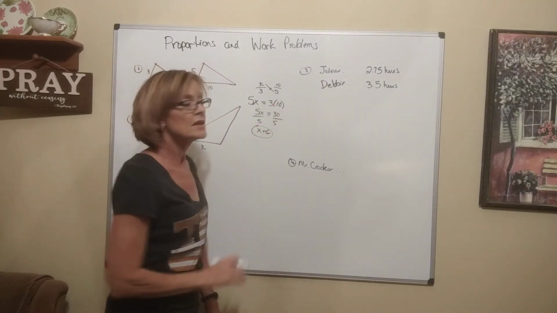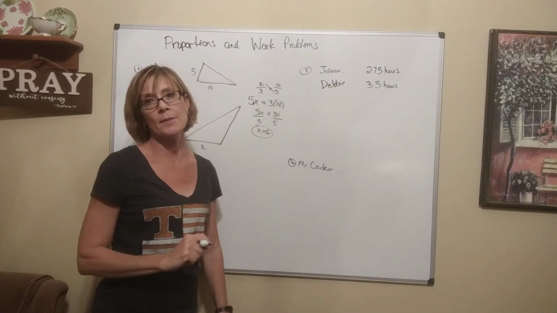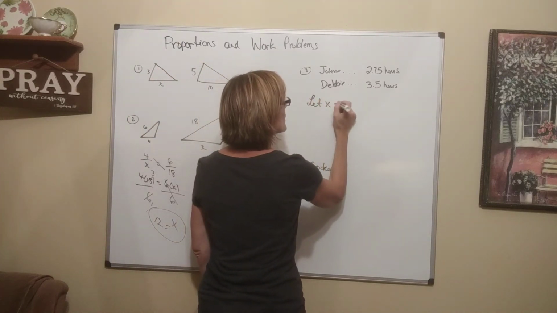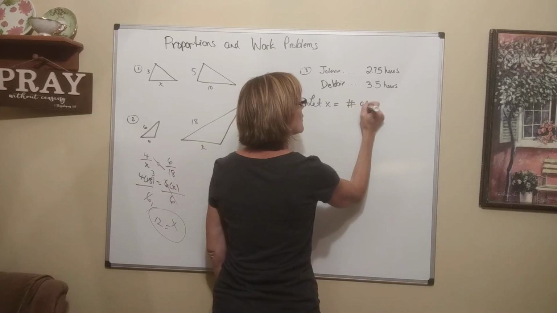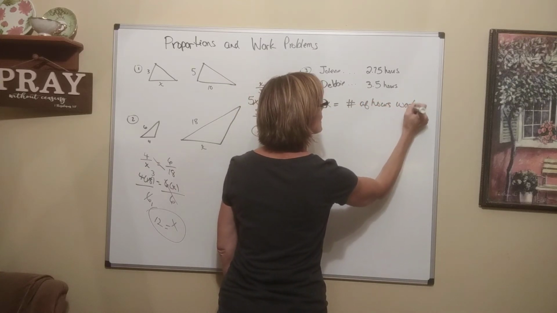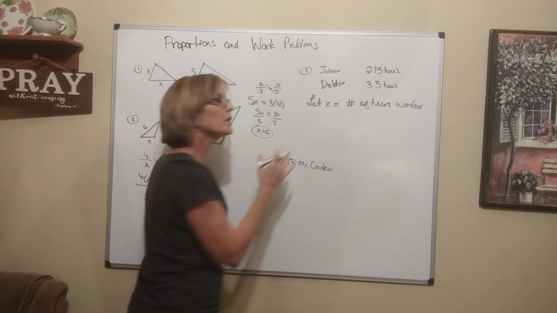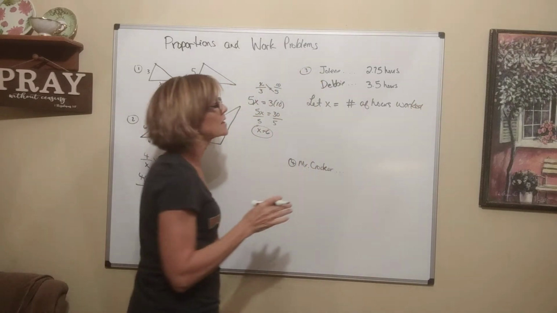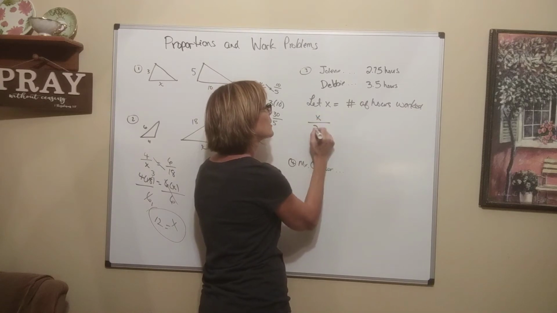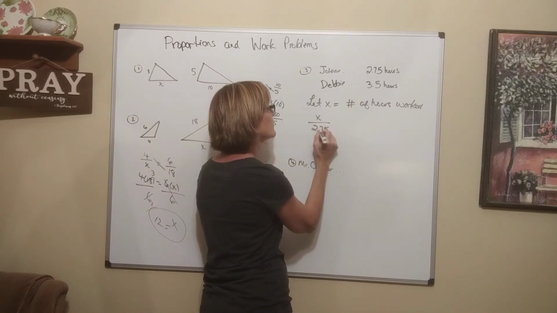So each one of these has a work rate. This is how you would set up the work rate. You're going to let X represent the number of hours worked. Jolene's work rate would be represented like this: X over 2.75.